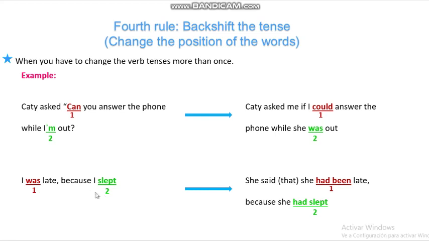They are in simple past. So the simple past we have to change into past perfect. She said that she had been late because she had slept. So "had been" changed for "was" and "had slept" changed for "slept."